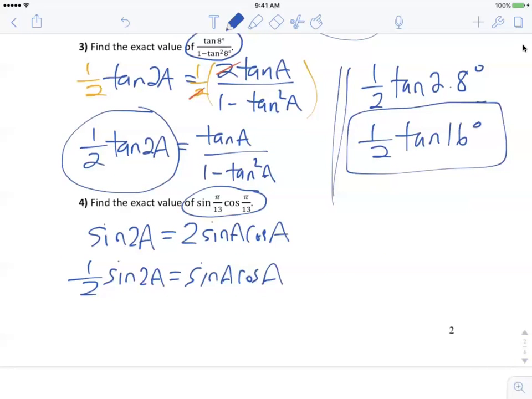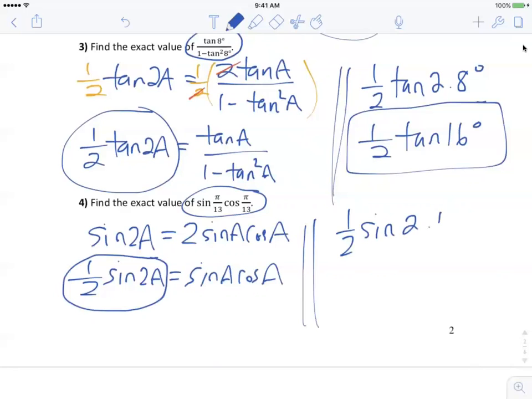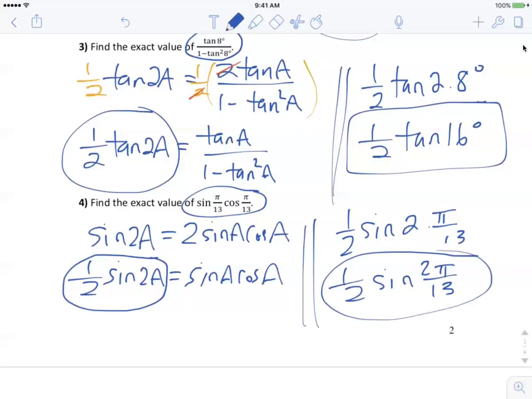Okay, so I'm going to use this form for my simplification, where a is pi over 13. So I have 1/2 sine 2 times pi over 13, which is just 2 pi over 13. And that's no special angle, so I would just leave it. And that's the answer.